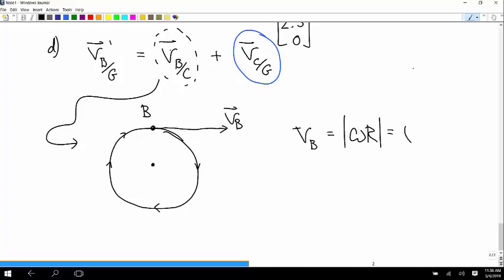And that, again, is 5 times 0.5. So for the speed, we get the same thing, and that would be the speed of every point on the surface of this wheel. This time it's in the positive x direction. So the velocity of B relative to the center is 2.50.